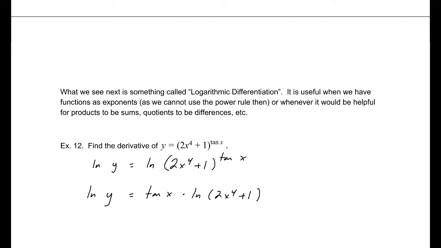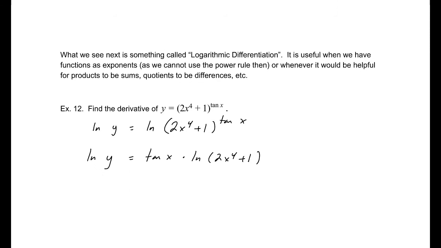All right, bringing that out, we can now use the product rule. We'll take the derivative of both sides. So on the left side, we'll use implicit differentiation. This will be 1 over y times dy/dx. Now we have a product here, uv.